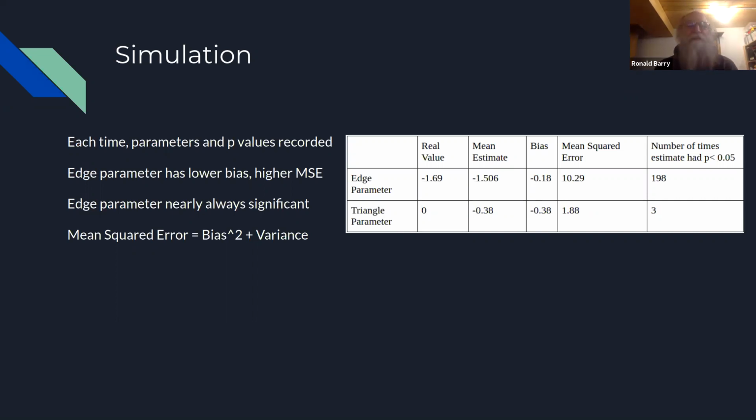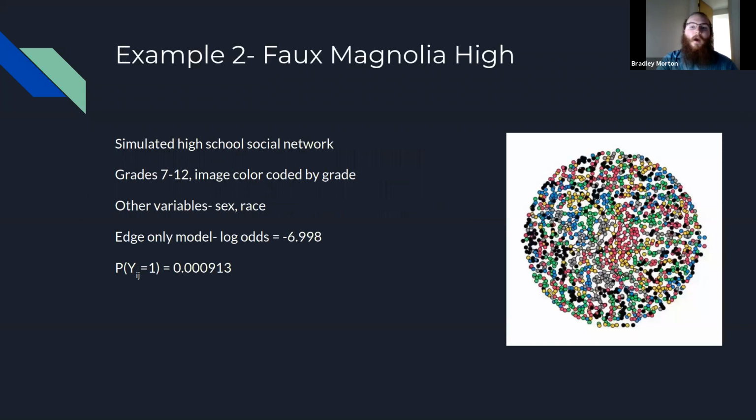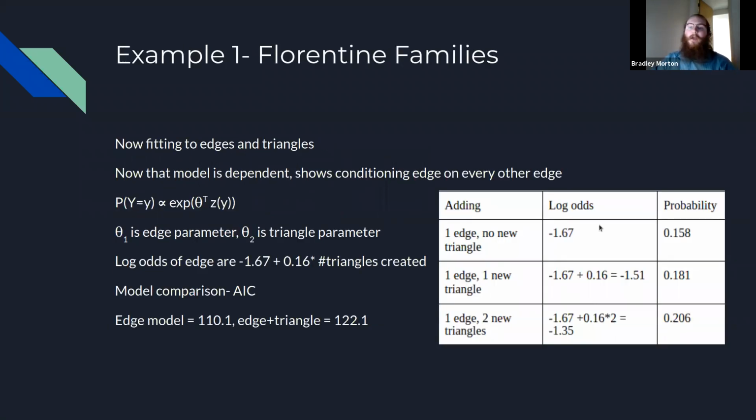Was that MCMC? Did it use the pseudo-likelihood? That was MCMC. Oh, okay. And so both the generation process was stochastic and the fitting process was stochastic. So if you run the simulation again, you're going to get slightly different values.